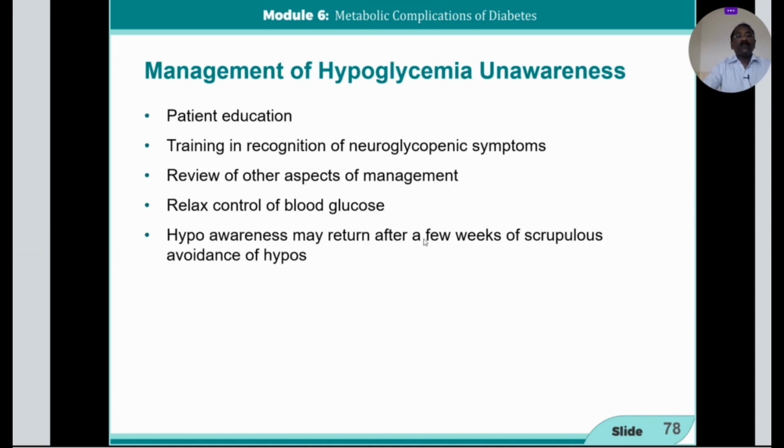So the management is education, training in the recognition of neuroglycopenic symptoms, review of other aspects of management, and relaxing the control of blood glucose. So you keep the blood sugars at a higher level, your targets. Hypo awareness may return after a few weeks of avoiding hypos.